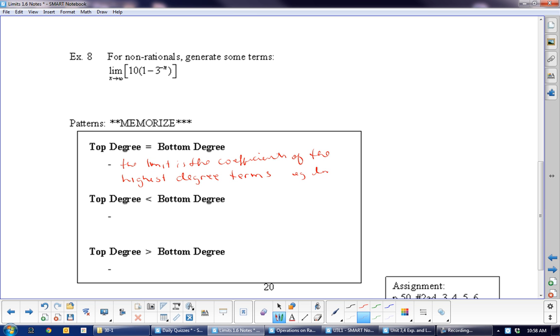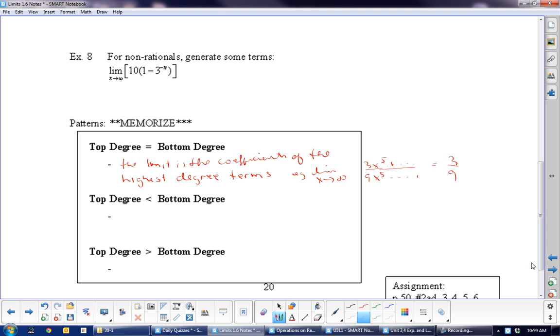If I had the limit as x goes to infinity of 3x to the 5 over 9x to the 5, and even if you had plus other terms, it will just equal 3 over 9. As long as those are the biggest degrees, and they are equal.